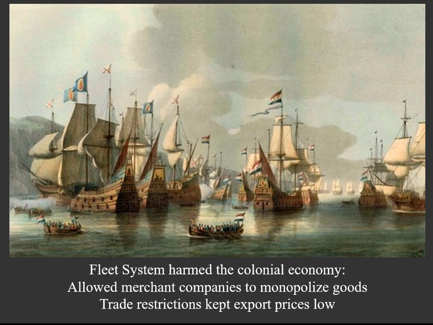Even in the 1580s, this goes on for a few decades, but by the 1580s, the yearly fleets stop arriving on schedule. And so the colonists don't have anyone to sell to in Europe, and they can't buy European goods until the next fleet shows up. That could be a couple years. So the fleet system is much less reliable by the late 1500s.